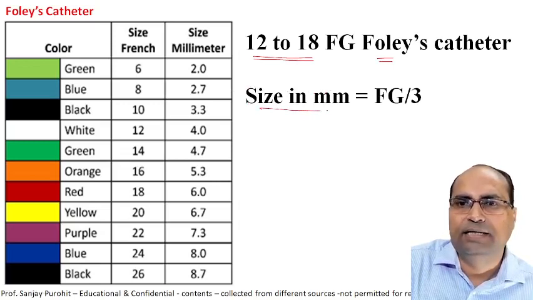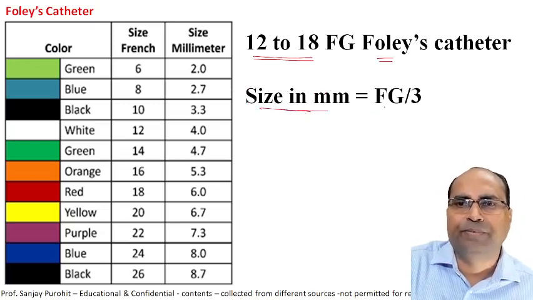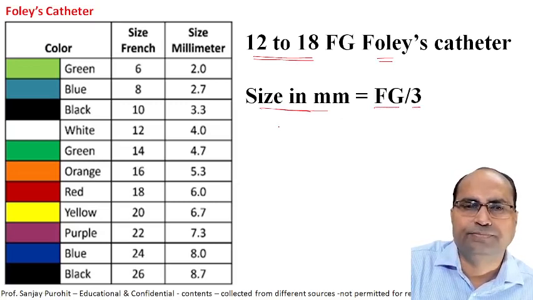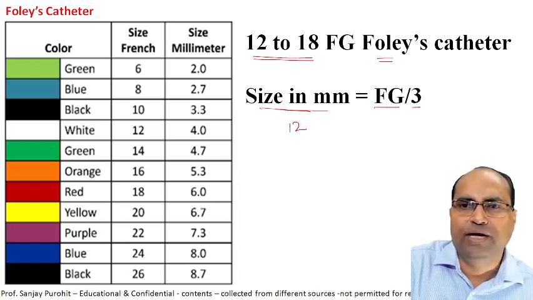We can calculate the size in mm by dividing the French gauge by 3. Suppose the French gauge size is 12, meaning a number 12 catheter, then this is divided by 3.